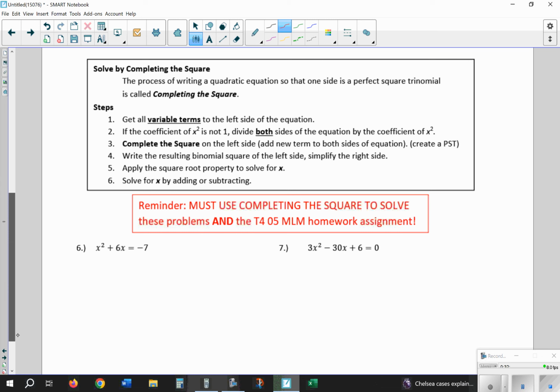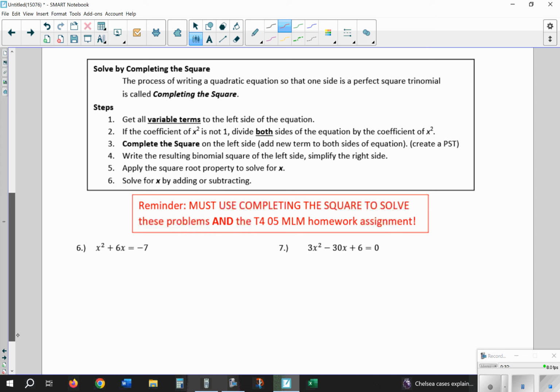However, I am only grading completing the square, so that's what I want to see. If you choose some other method, even though you get the right answer, that's not helping me assess this particular method. So please, please, please, I don't care if you look at help me solve this and it does a different method. That's not what I asked you to do. I don't care if you use an app and the app does a different method. You need to use the method I asked for.